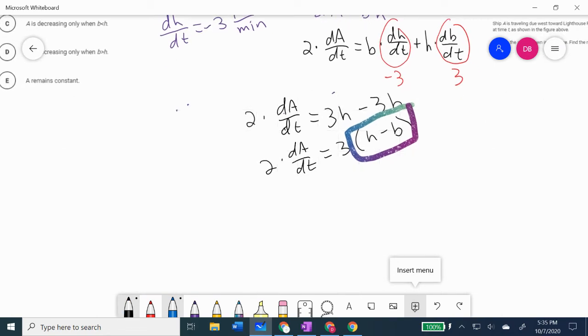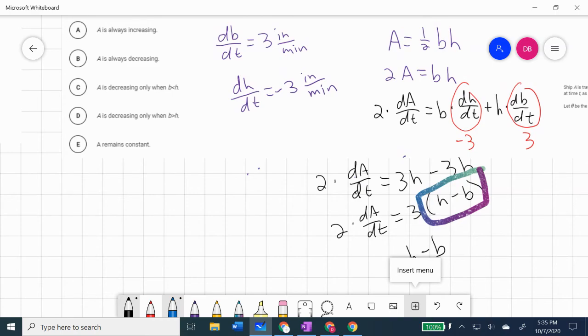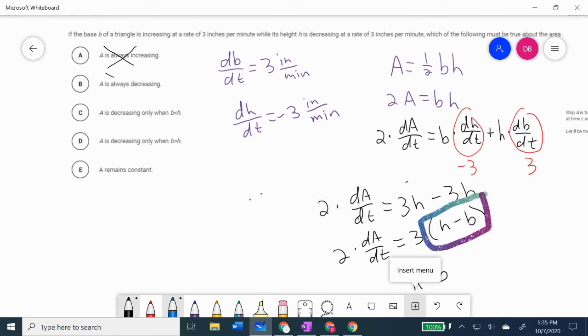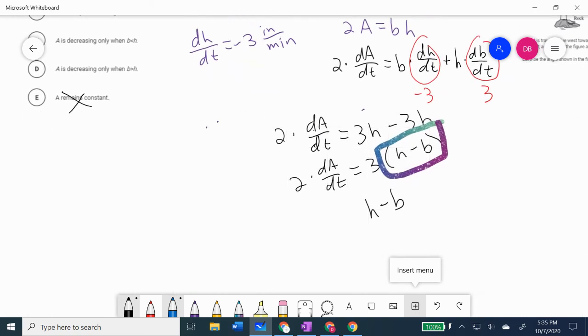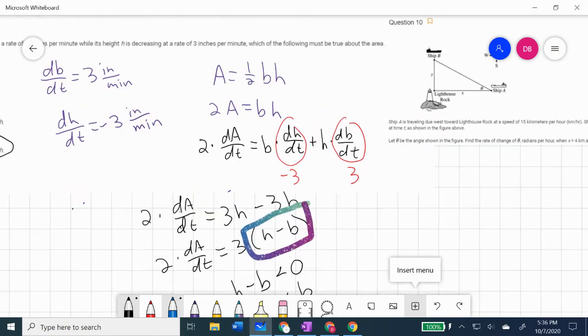So area is decreasing when h minus b is negative. And that means b greater than h is decreasing only when b is greater than h.